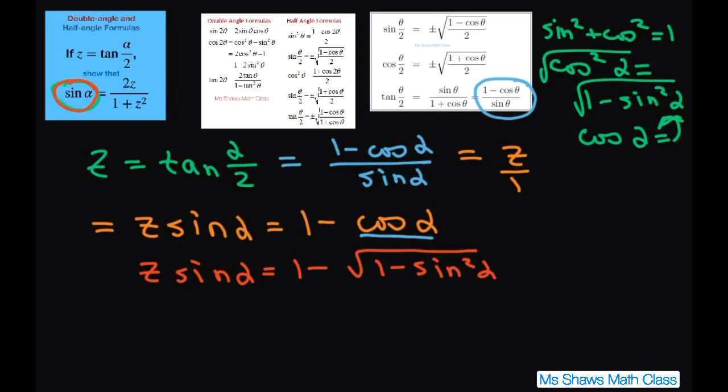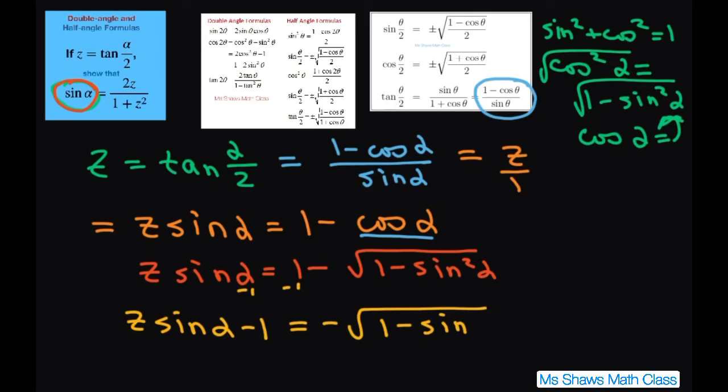So now let's subtract the 1 from both sides. I get z sine of alpha minus 1 equals negative square root of 1 minus sine squared of alpha.